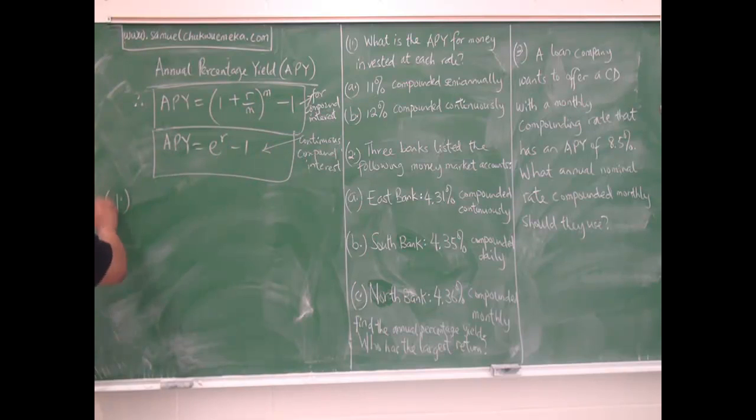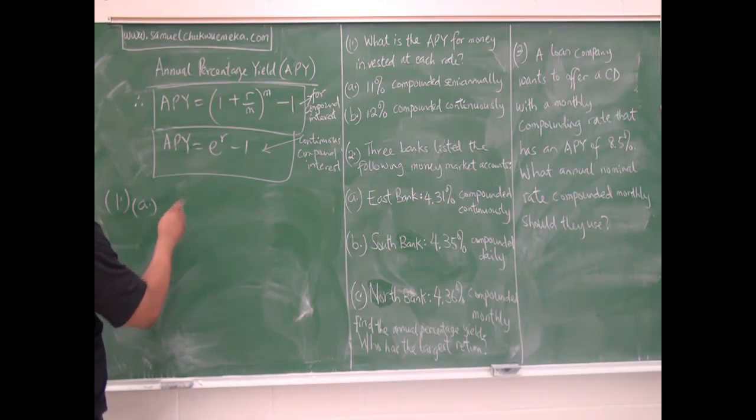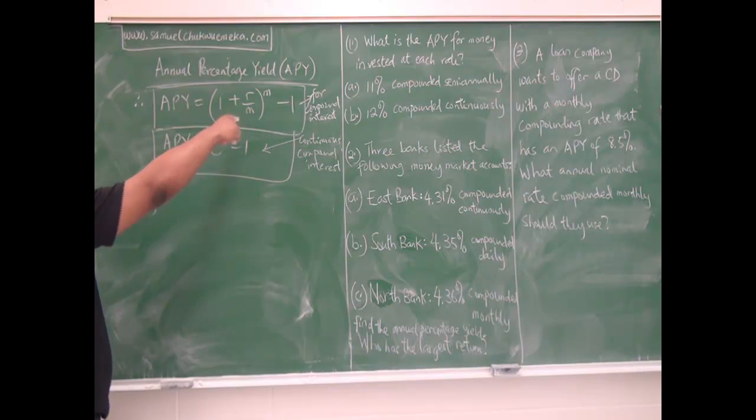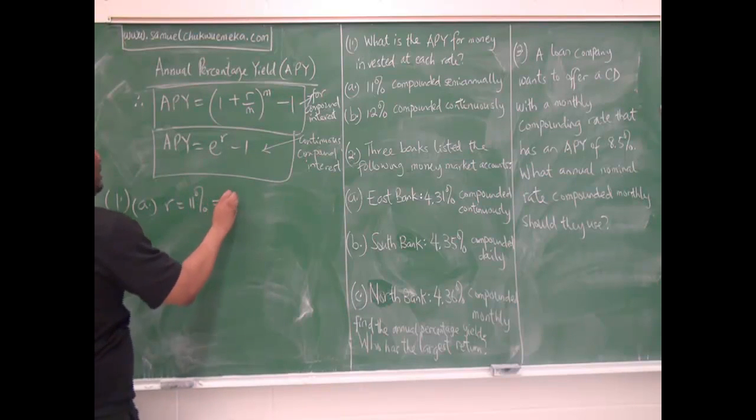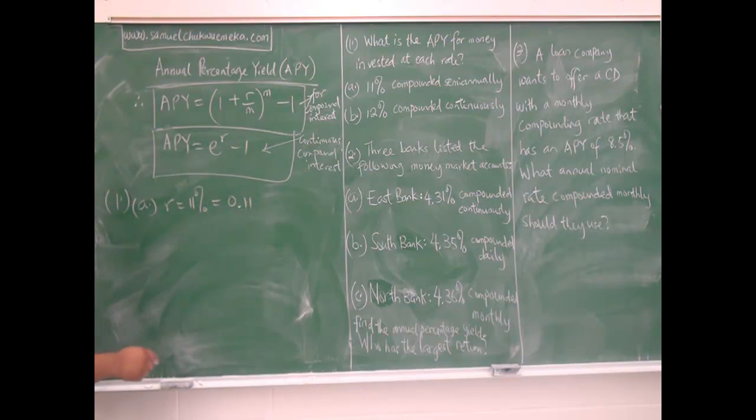Number 1, what is the APY for money invested at 11% compounded semi-annually? In this case, our R for the compound interest is 11%, which is 0.11. Are you with me?